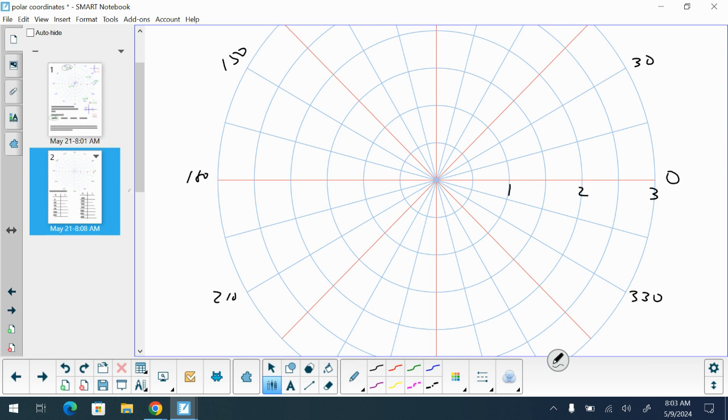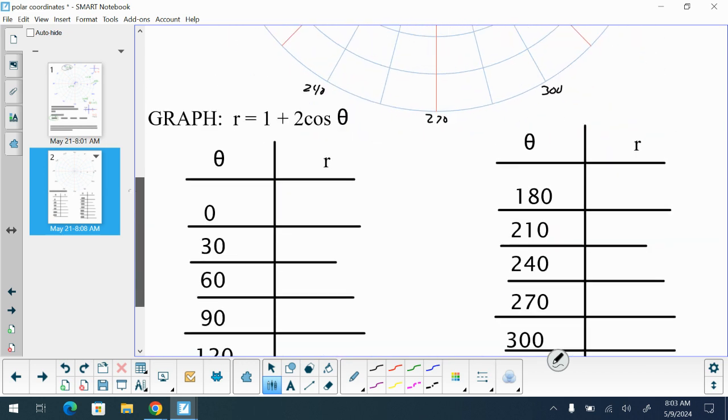And what we want to plot is r equals 1 plus 2 cosine theta. Well, just like when we initially started graphing y equals x plus 2 in the algebraic system, we made a little chart of x and y.